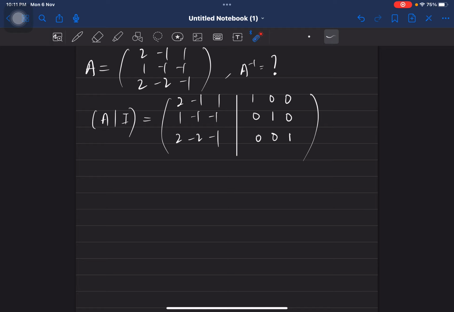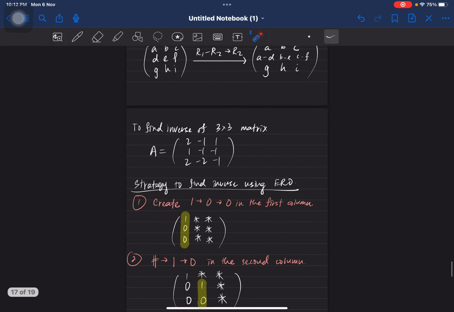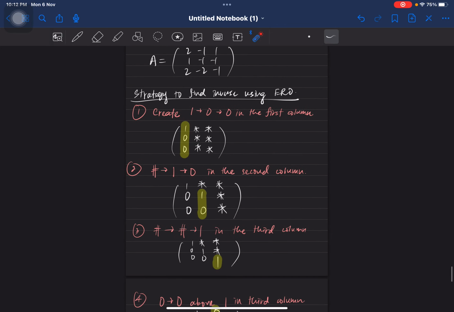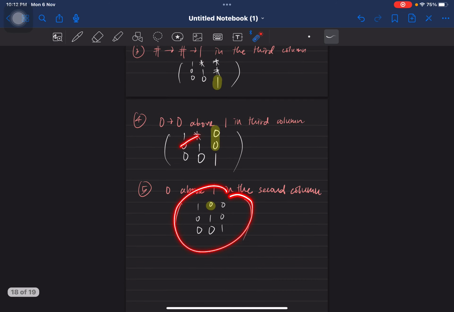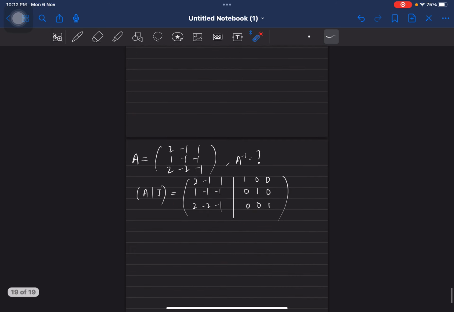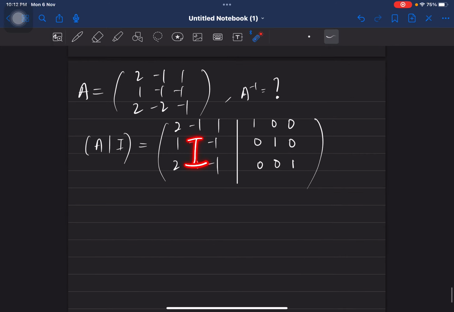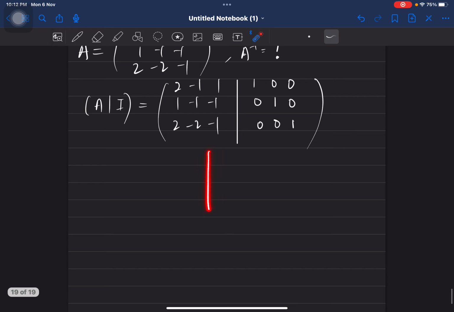So that is why we were trying to make all this become identity. Because the moment we get identity here, this is our A inverse. Our goal is to transform all the way until this side becomes identity, and then this side will automatically become the inverse.